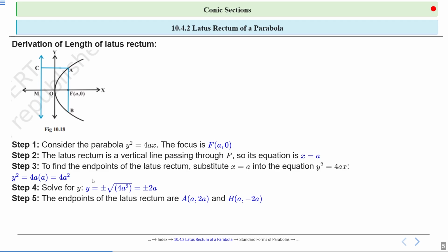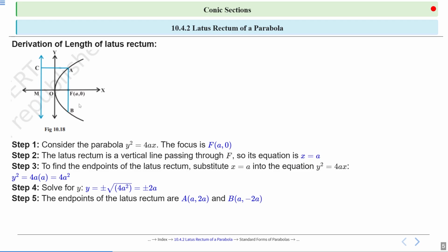In step 5, you can now easily find the endpoints of the latus rectum. In the figure, the endpoints are A and B. We found y equal to plus minus 2a for x equal to a.